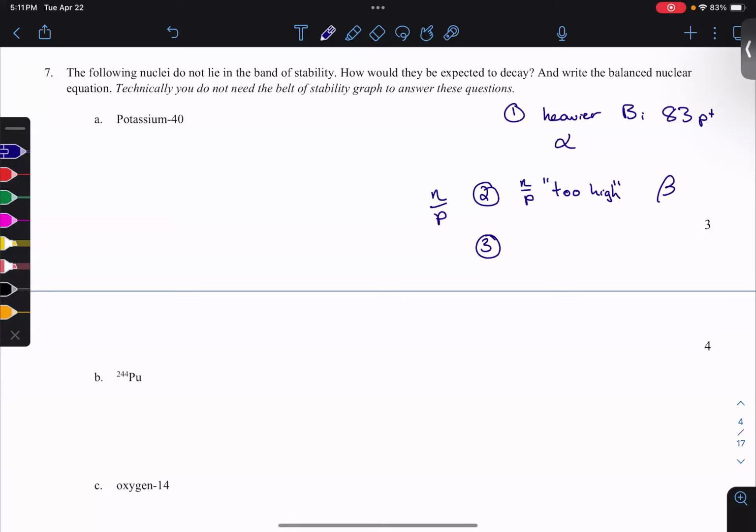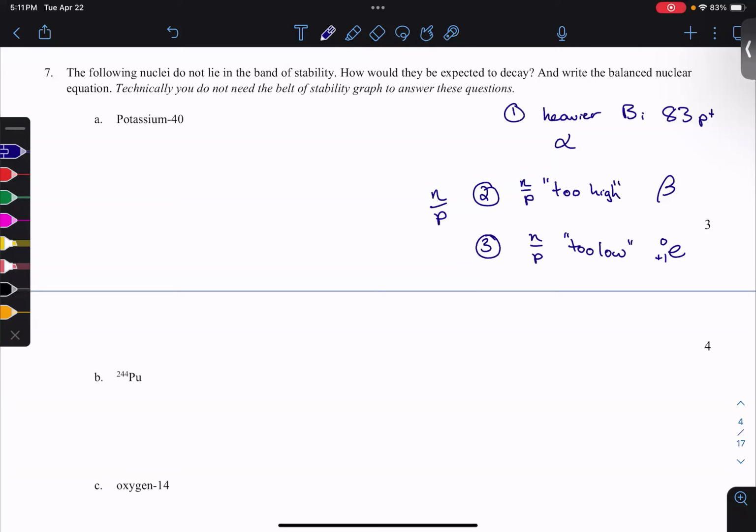Okay, it's beta emission. I think. Does that sound right? I don't know. I don't memorize things. My hand just knows what the answer is. On the other hand, if the neutron to proton ratio is too low, it's the other one. It's positron emission. All right? I'll prove it to you.